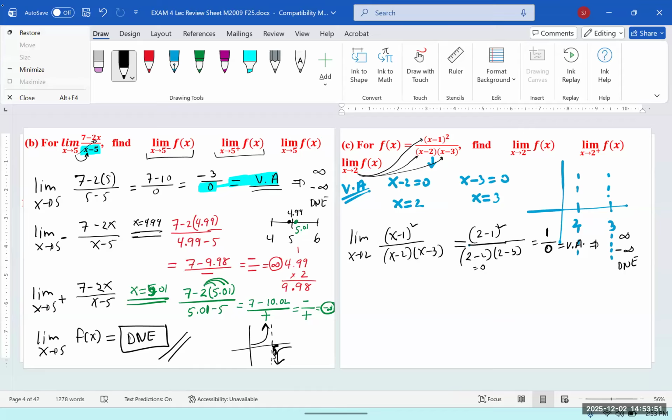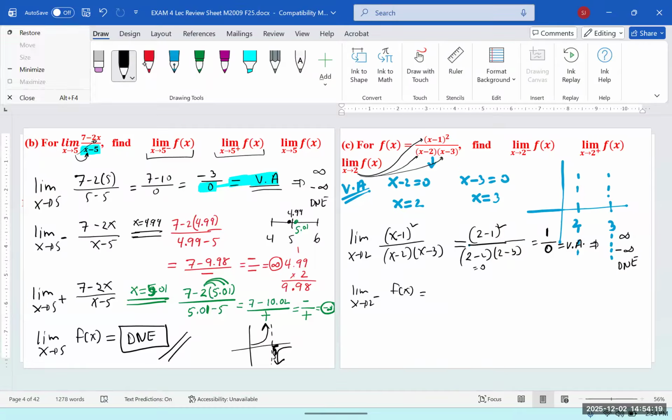So here we are going to do the same thing. Since we know it's a vertical asymptote, we need to get one number very close to 2 from the left side, and then another number very close to 2 from the right side, and you have to look at the sign. So we first start with the left side.